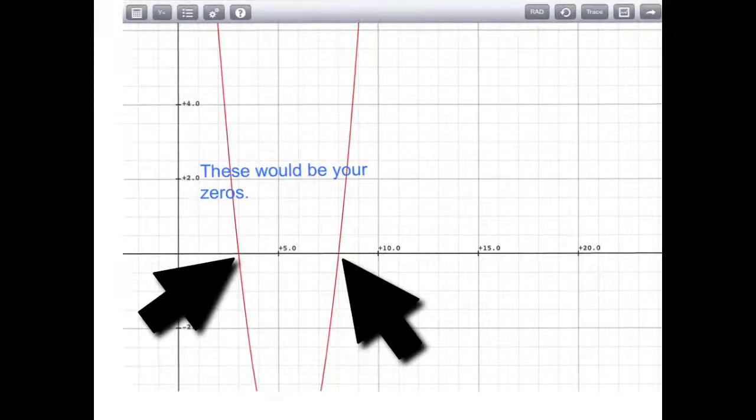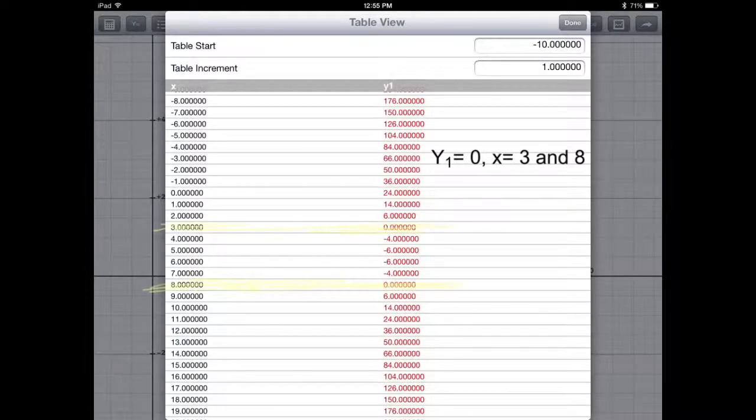The point where your graph intersects the x-axis would be your zero. You can also view it as a table. As you can see, when our equation is set to 0, x equals 3 and 8 satisfy our equation, and those are the points that cross the x-axis.